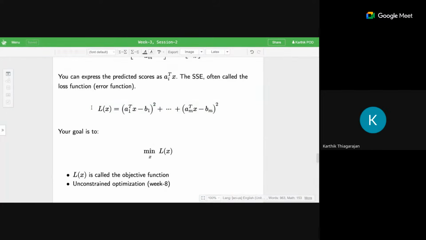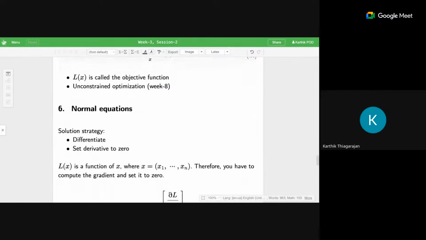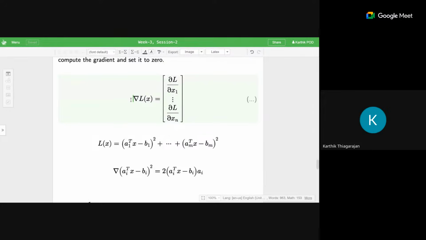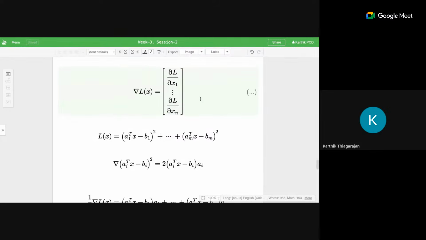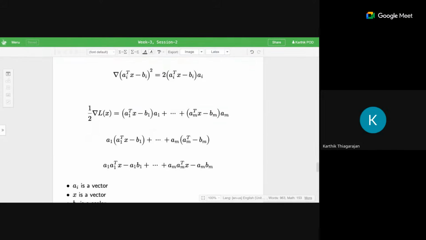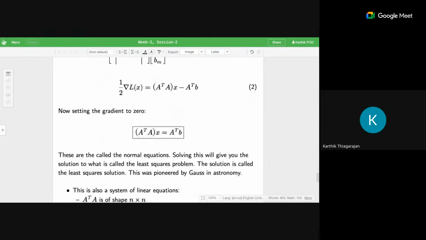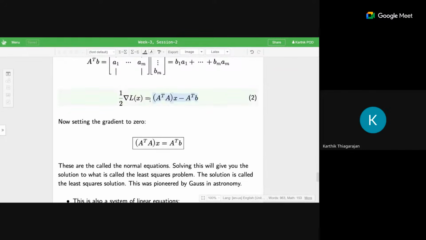So you want to minimize the error in deviation. So it's an optimization problem. It is unconstrained, so you can just take the gradient and set it to 0. Finding the gradient is the tricky part here, so that's what we spent a lot of time on. So this is the gradient finally, and when you set it to 0, you end up with the system of linear equations once again.